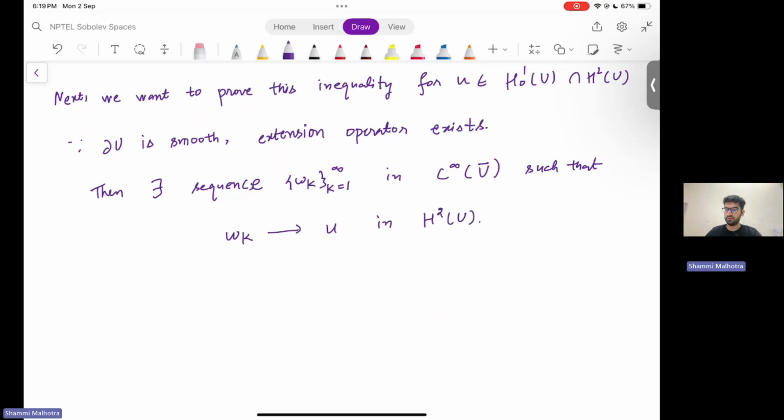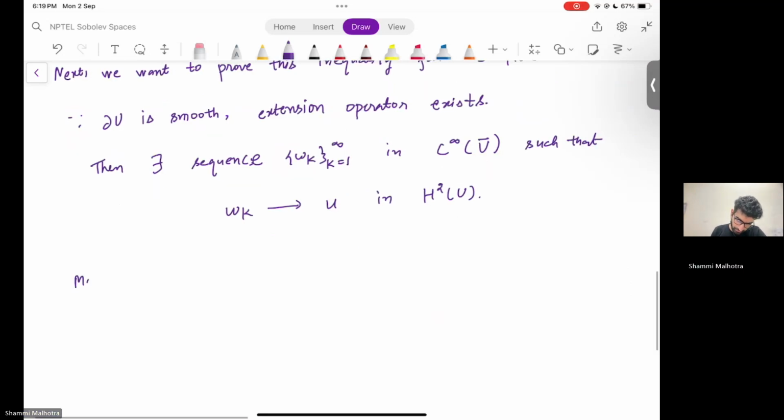So we have one sequence in H2 of U, because by using the density of C infinity functions of R^n in H2 of R^n, and since the extension operator exists, we can restrict this w_k to U bar, and ultimately we have this convergence.